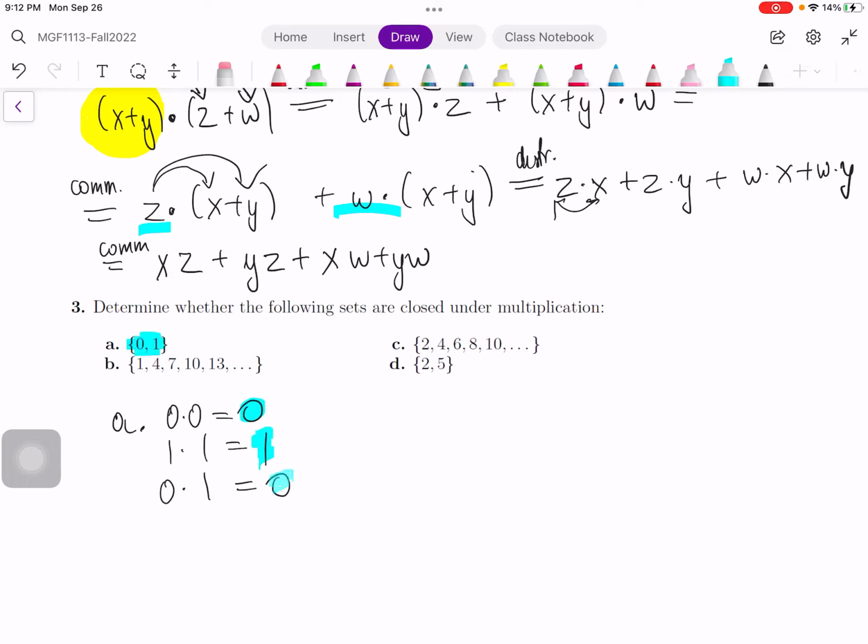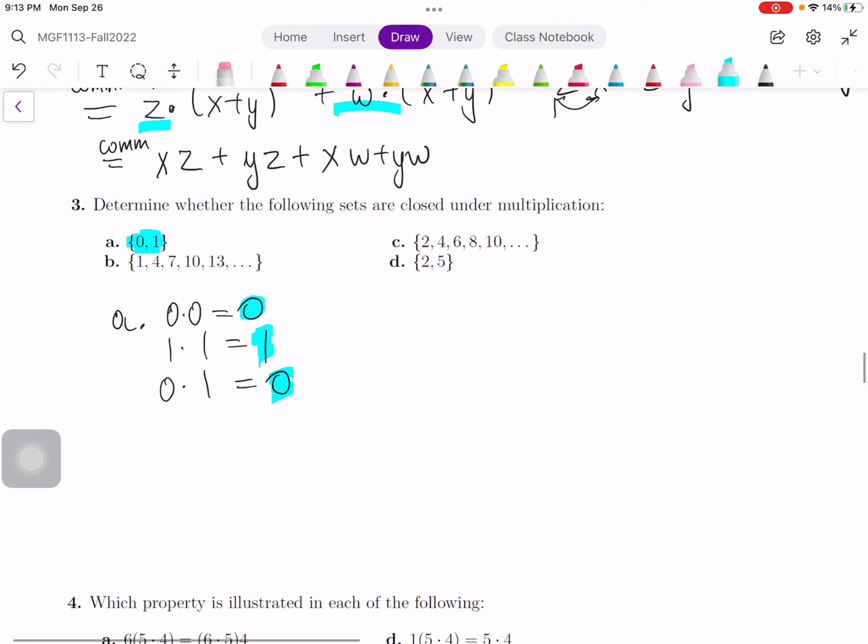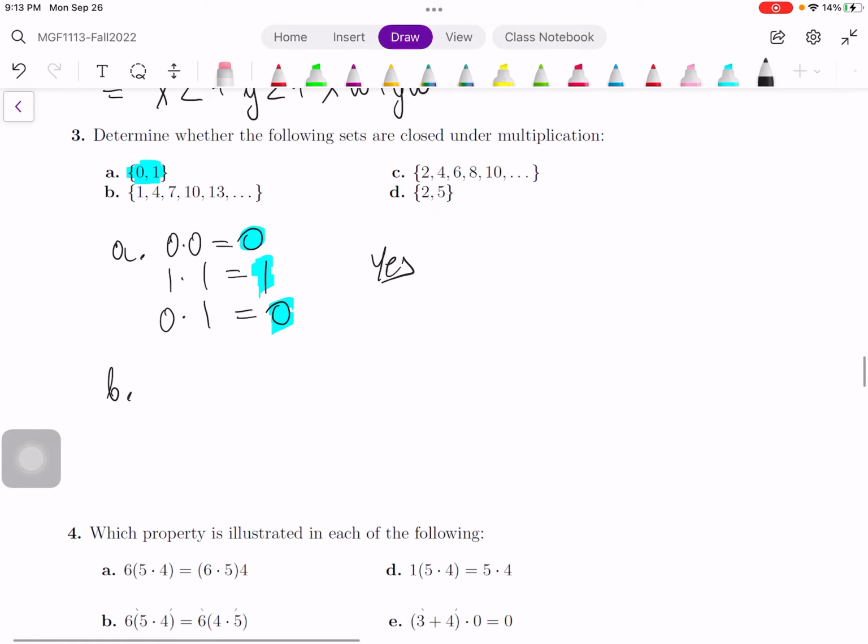All those possible multiplications only produced values 0 and 1, which are within the permitted values, right? Because to check whether it's closed, I need to make sure that all the products, all the values of multiplications will stay within the set. So in this case, it should be either 0 or 1. So yes, this set is closed under multiplication.